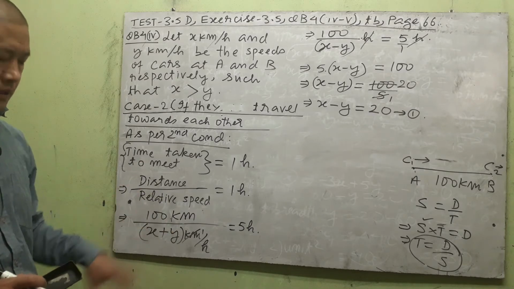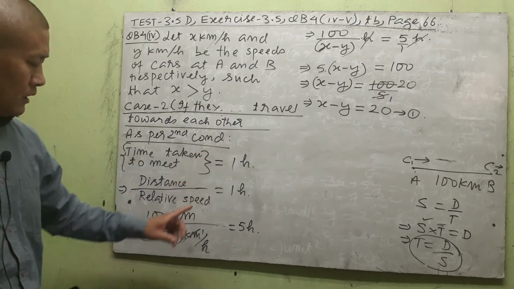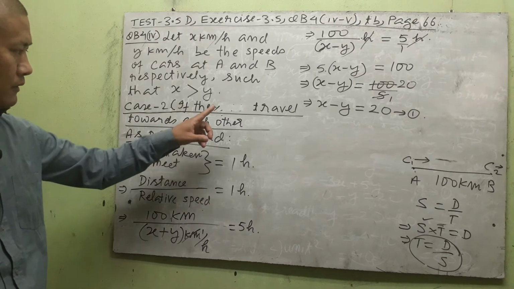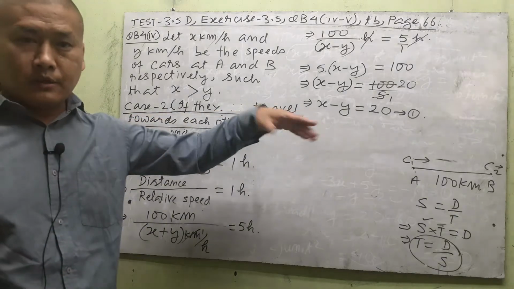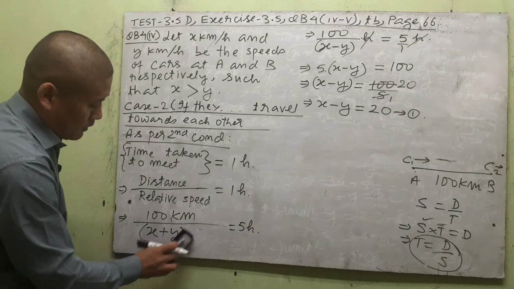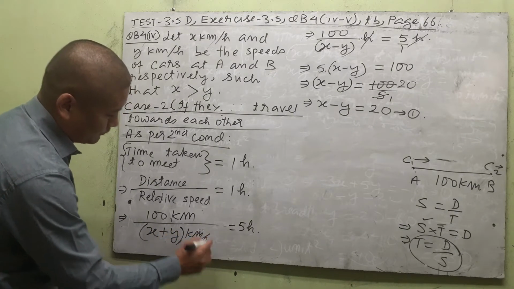So bigger or smaller doesn't matter here. It is x plus y when they are traveling in opposite directions or towards each other, and higher speed minus lower speed is the relative speed when they travel in the same direction like in case 1, but this is case 2 now. So this will be x plus y kilometer per hour. So please write down everything up to here.